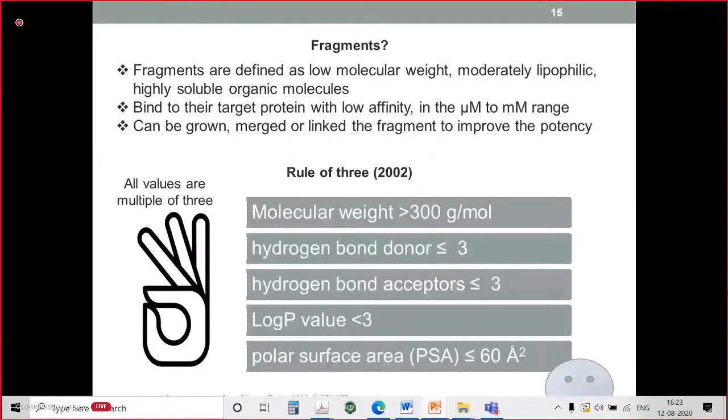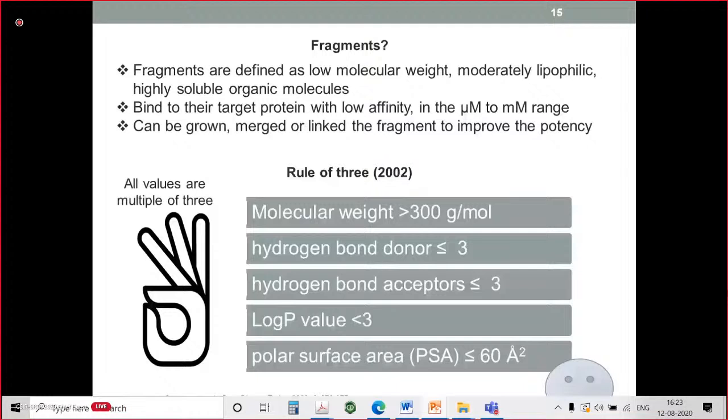Before that, the first important part is how fragments are actually defined. You may be curious which fragment is important and how we define fragments. Generally, fragments are defined as low molecular weight scaffolds having moderate lipophilicity but high water solubility.